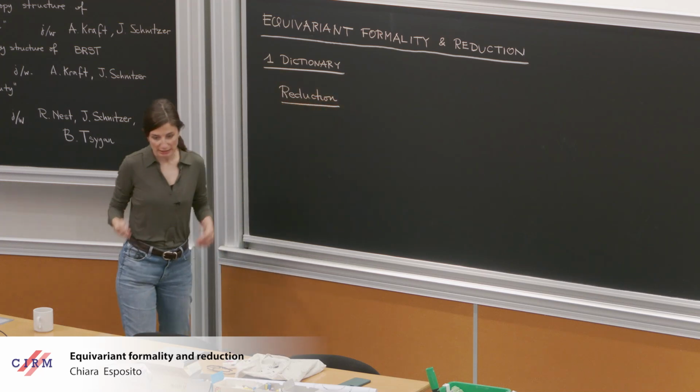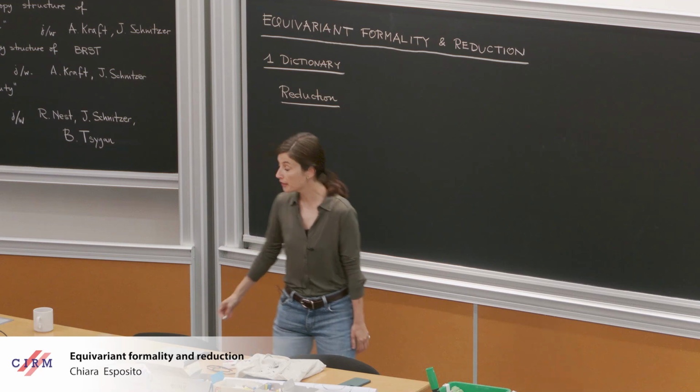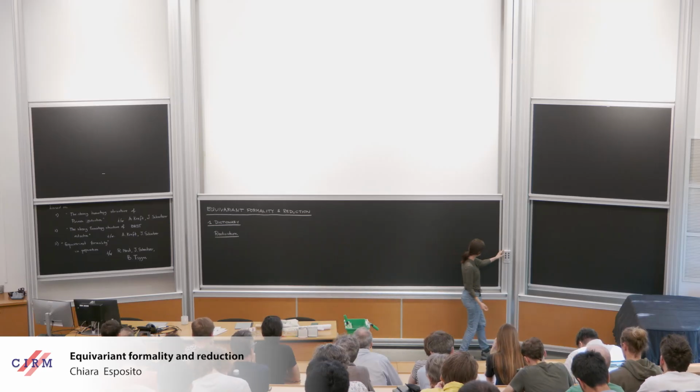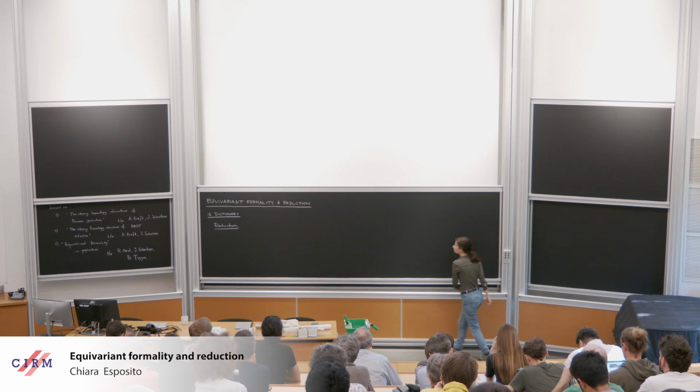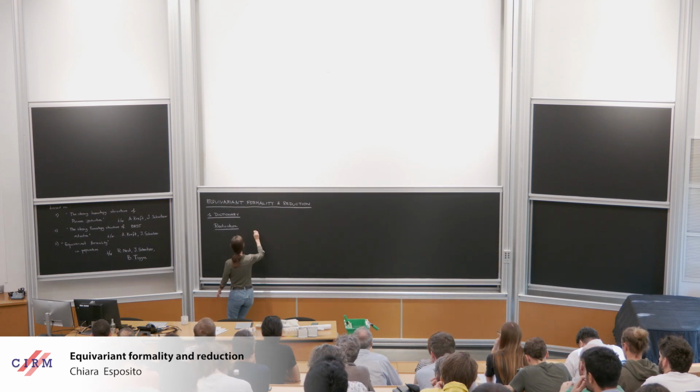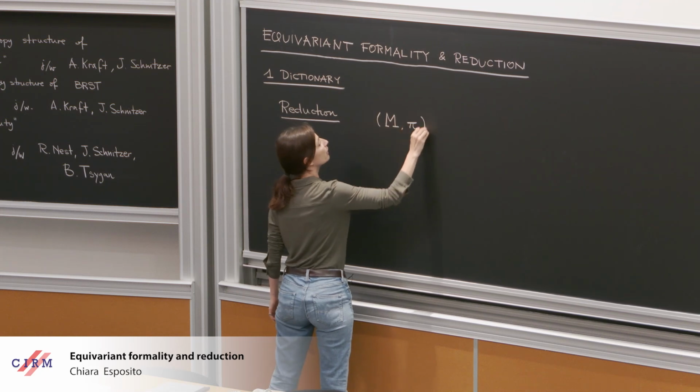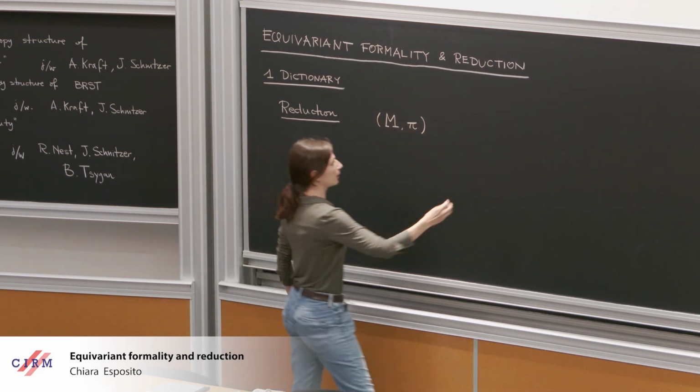So what are, let's say, the ingredients of this theory? We start with a Poisson manifold: a smooth manifold with a bivector field defining a Poisson bracket.